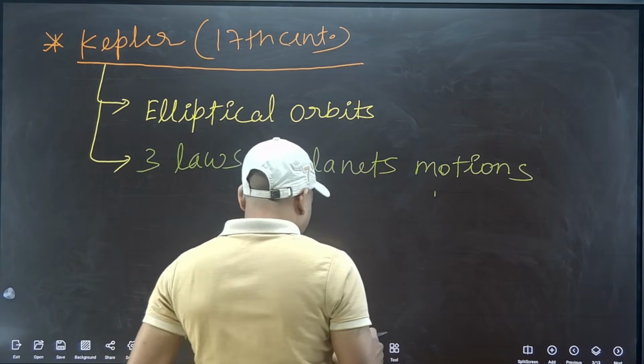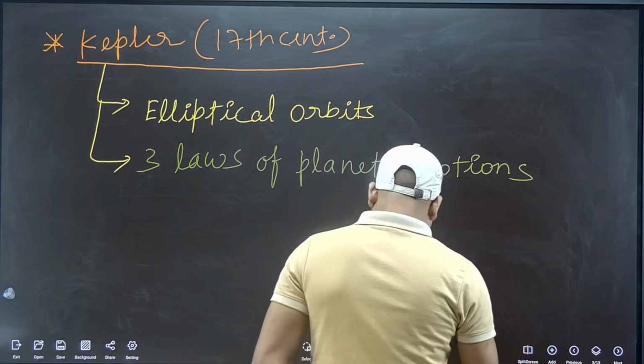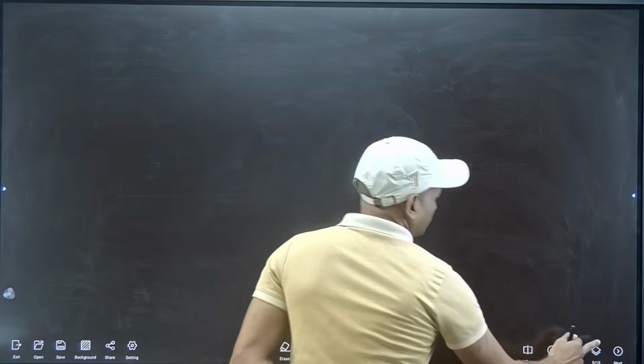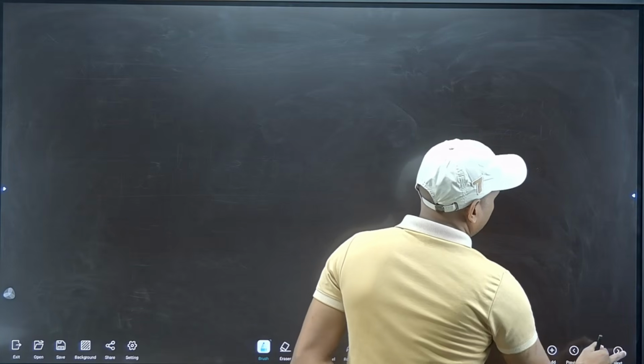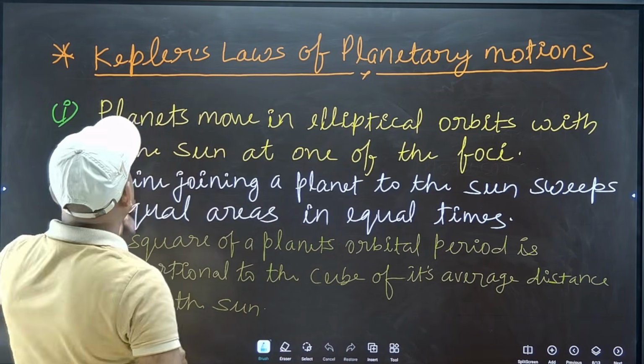So in his three laws of planetary motion, Kepler just took the heliocentric model to the next level. Here are the laws of planetary motion given by Kepler.